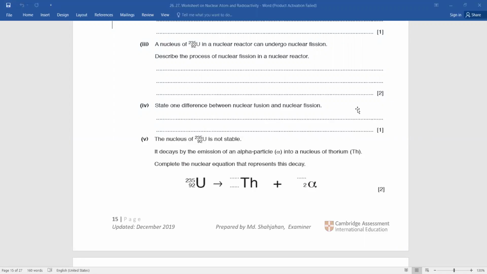And you can also bring other ideas, like nuclear fusion is happening in stars and nuclear fission is happening in power stations. That one is another difference. Is it clear? So this one is much easier, right? The second one I told.